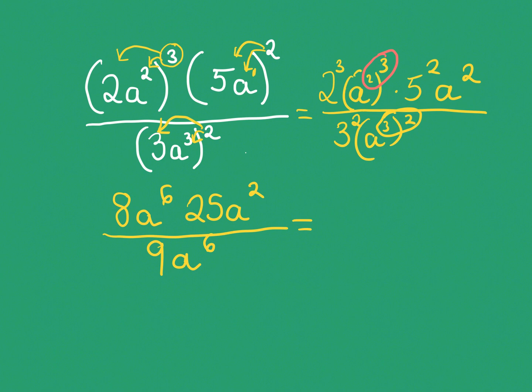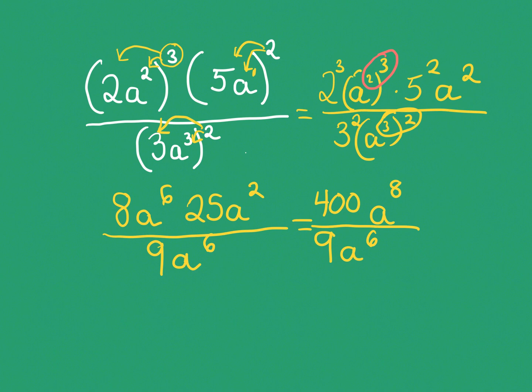You can combine the top terms, a to the sixth, a to the second, a squared, by adding the exponents, that's a to the eighth, and then multiplying 8 times 25 is 400. On the bottom, we have 9a to the sixth power.